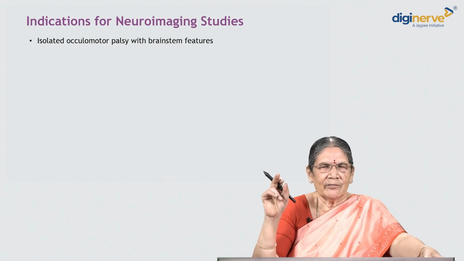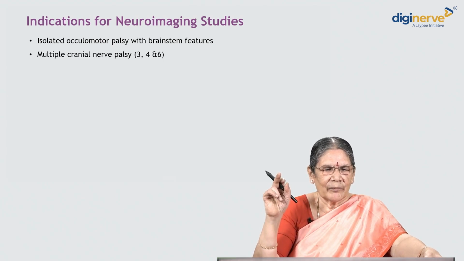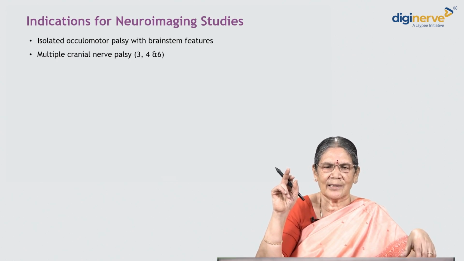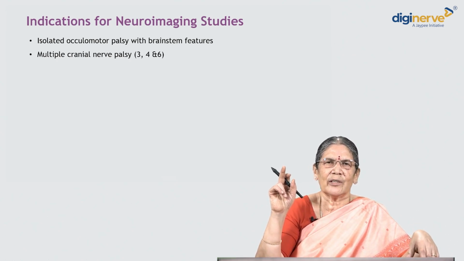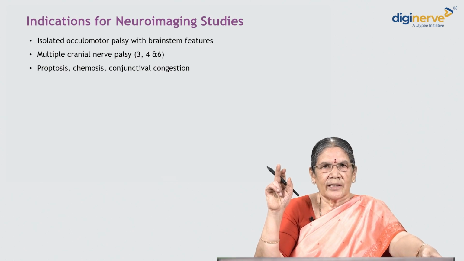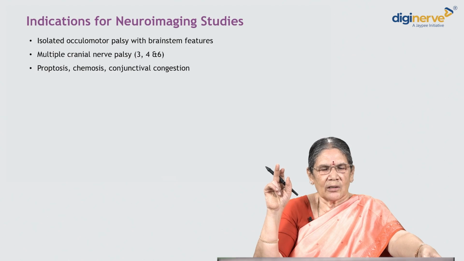And neuroimaging, when should we order the neuroimaging? Whenever you see an isolated oculomotor nerve palsy with features of involvement of brainstem, or there are multiple cranial nerve palsies associated fourth or sixth nerve, or if there is any proptosis or conjunctival congestion.